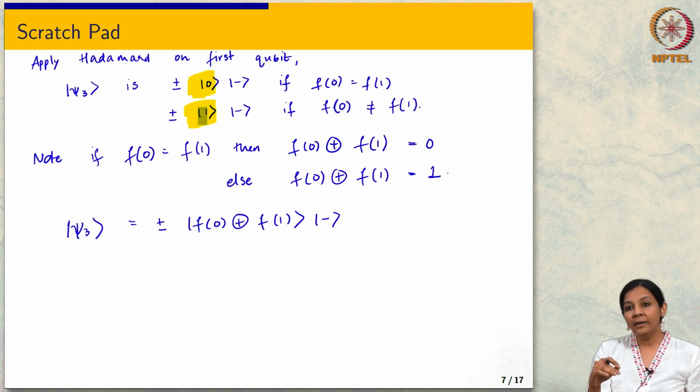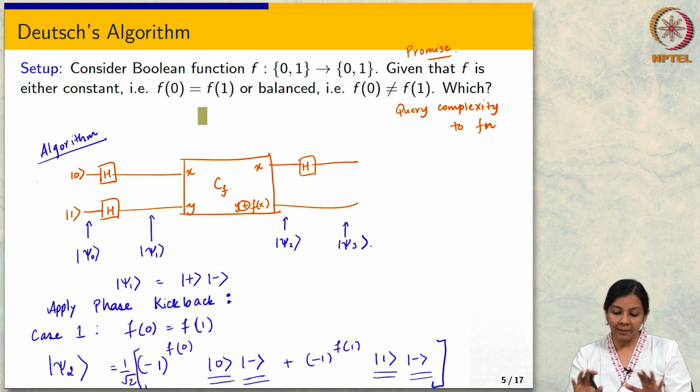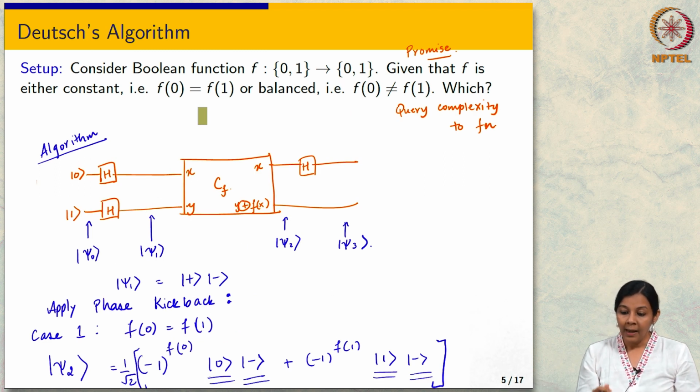What I managed to do by running this circuit is encode in the first qubit the state f(0) XOR f(1). Now if I measure the first qubit, I will have my answer.